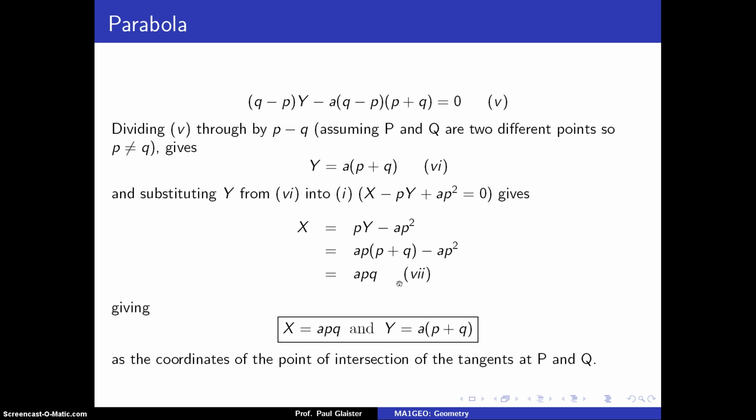So from now on, the two tangents at the 2 points p and q with parametric coordinates (ap², 2ap) and (aq², 2aq) meet at x equals apq, y equals a(p plus q).